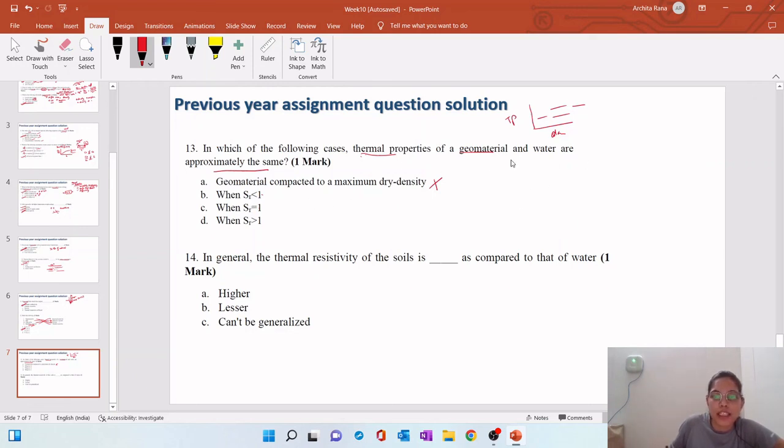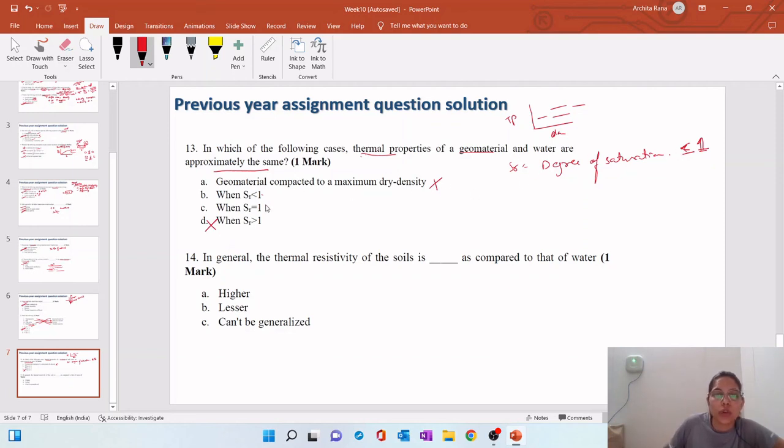Now SR is degree of saturation. Degree of saturation can be less than or equal to 1. It can never be more than 1. Saturation cannot be 110 or 200%. It has to be 100%, right? So it cannot be more than 1.